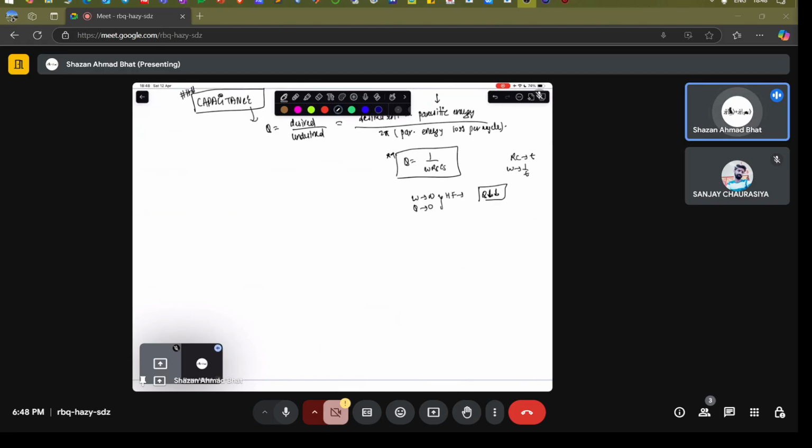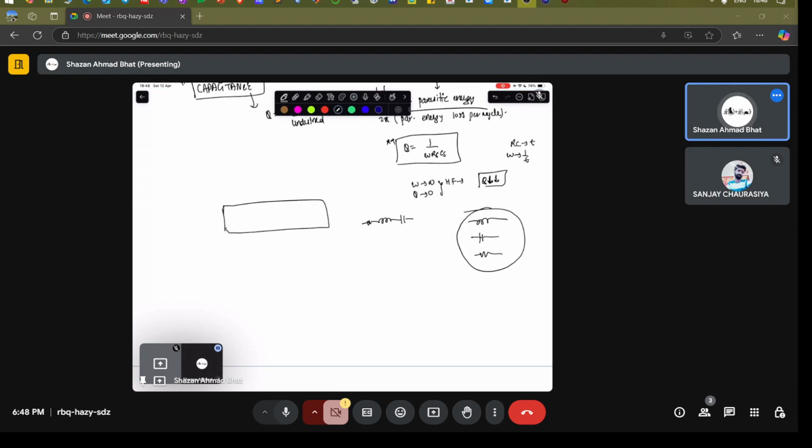This quality factor is high for a capacitor, so it's usually limited by the inductors. When you are talking about a system, you are talking about resistors, inductors, and capacitors all together. You never have a separate inductor, capacitor, or resistor. All of these occur simultaneously in the system. So whenever you talk about quality factor, you have to consider all of these components: capacitor, inductor, as well as resistor.